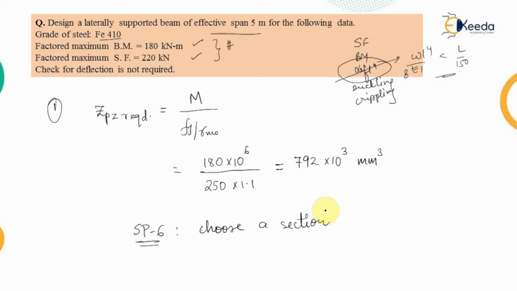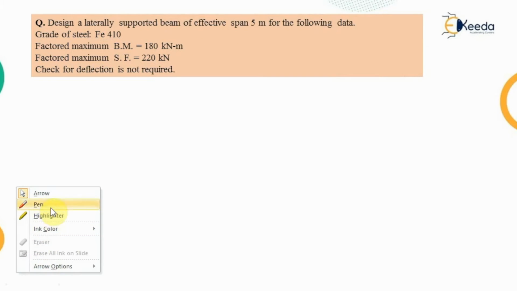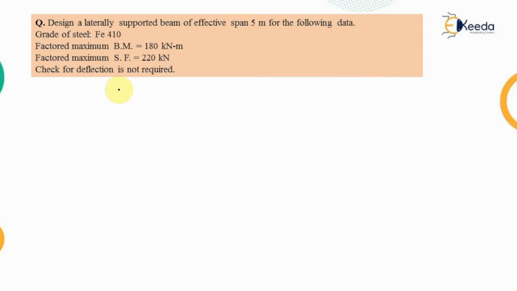So if we look at the SP6 table and choose a suitable beam section having this section modulus, it will be ISLB 350, which has its weight at 485 Newton per meter.